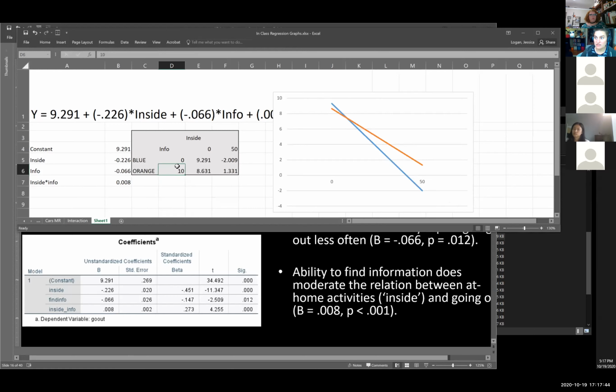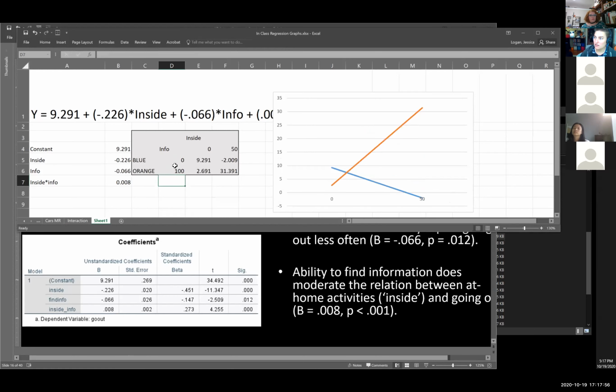My orange line is another point. So I've gone from 0 to 10. If I move it to 15, it gets flatter. If I move it to 20, it's getting more flat. If I move it to 100, it's positive now, which again doesn't make sense because it's not possible. We can't do that. But 10 is possible.